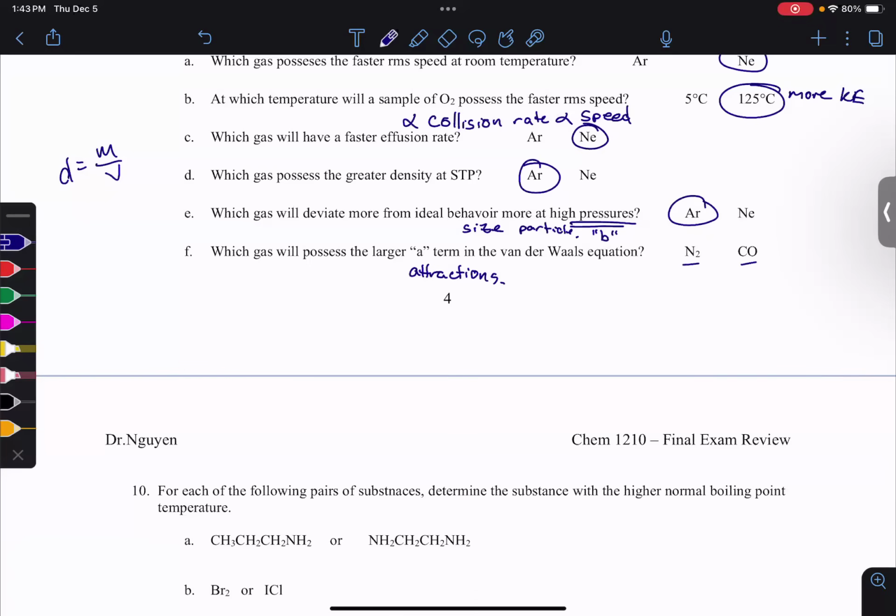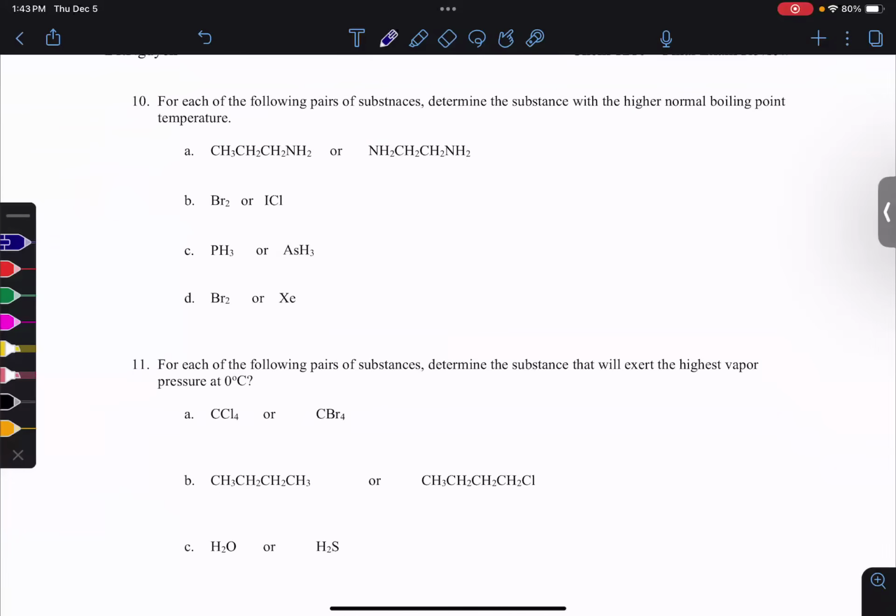Attractions, this goes right into chapter 11 with intermolecular forces. CO is a polar molecule, so it's going to have more attractions. We can't really use weights here because both of these particles have the same molar mass, 28 grams per mole. All right, let's just keep speeding through this.